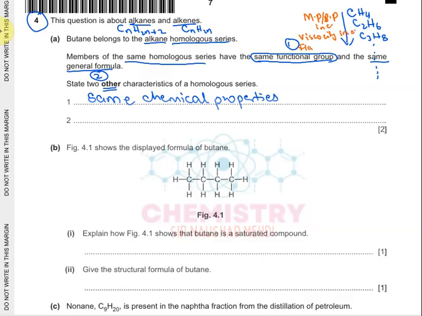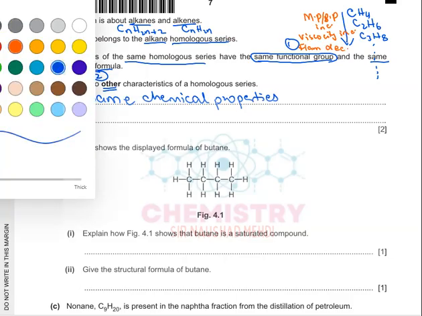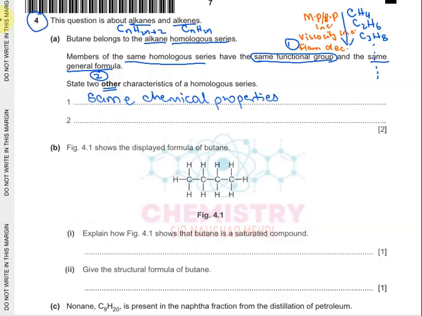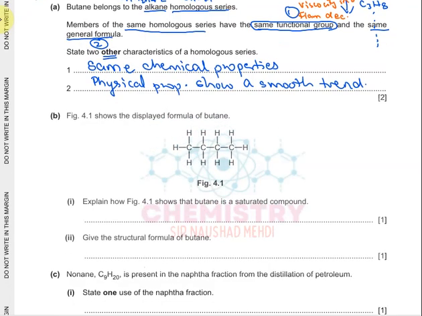Another physical property is flammability, which decreases down the homologous series. So you can see all the physical properties show a smooth trend down the homologous series. You can write this property also: physical properties show a smooth trend. Either the physical property will be increasing or decreasing down the homologous series. So that is also a characteristic.